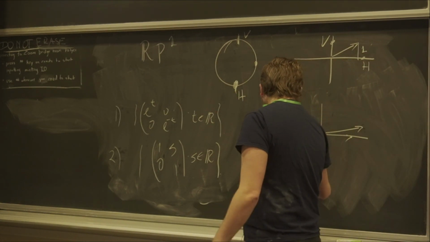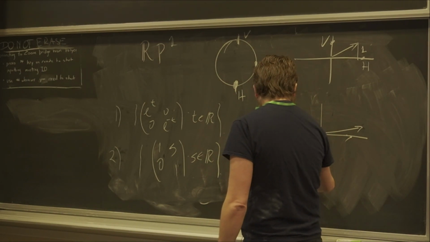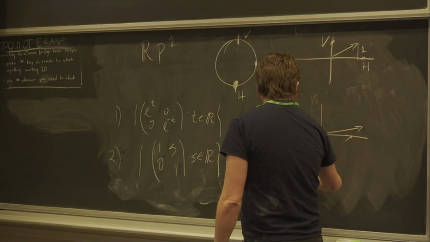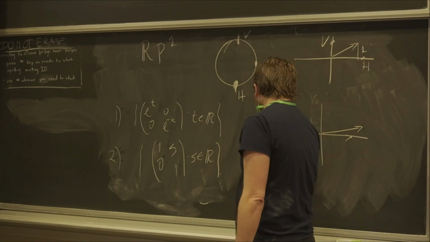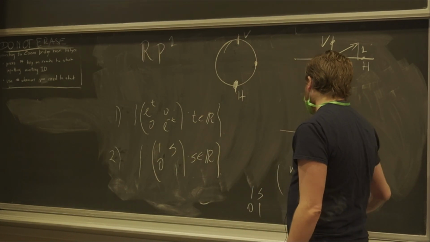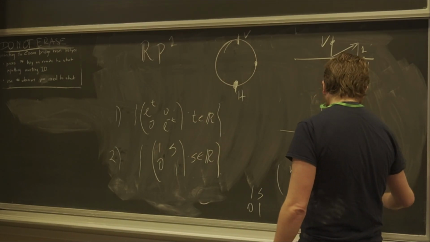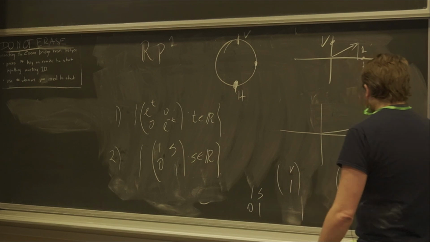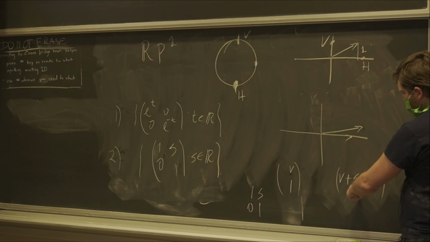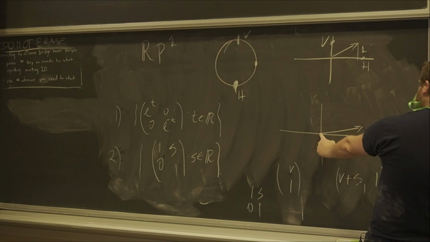So if I take the vector (b, 1) and I multiply by (1 s; 0 1), what I get is b plus s, and the second coordinate I still get a 1. So depending on whether s goes to plus infinity, this guy gets onto here.